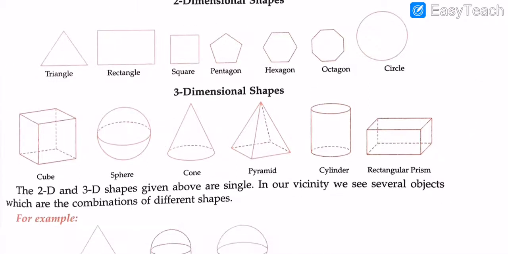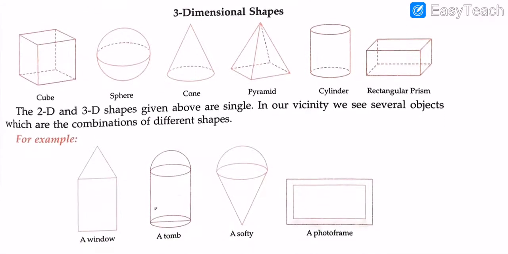Right? Moving on. So the 2D and 3D shapes given above are single. In our vicinity, we see several objects which are combinations of different shapes. For example, a window, a tomb, a softie, a photo frame. Softie is something you see in an ice cream shop.